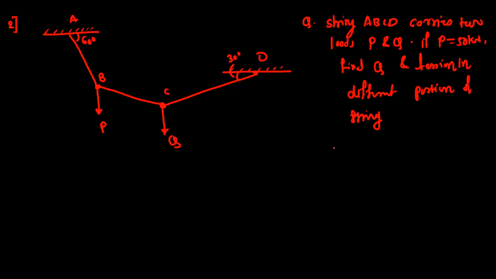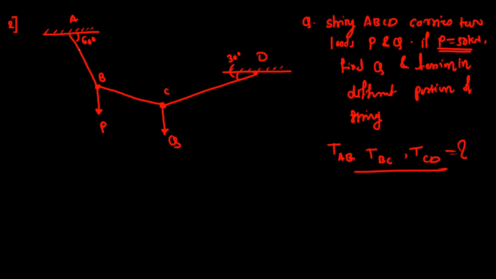So you have to find tension AB, tension BC, and tension CD. Only one weight is given, which is 50 kilonewton, and then we have to maintain the given equilibrium.